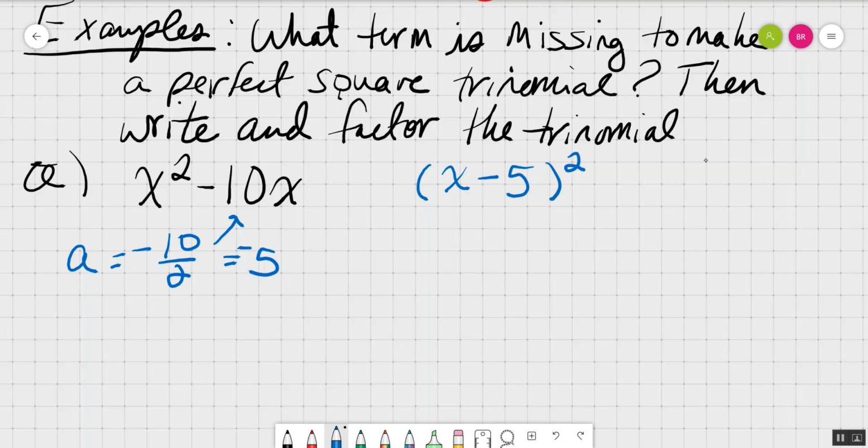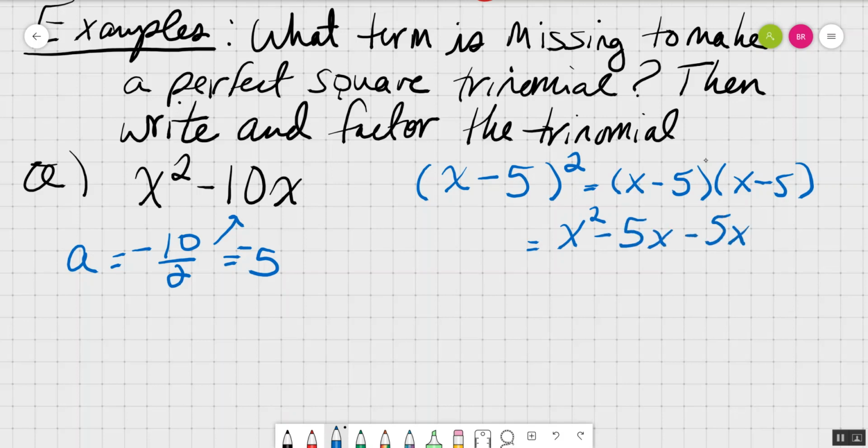Let's multiply it out and make sure that it works. In case you weren't convinced, we'll write it out this way. X minus 5 times x minus 5. If I multiply this out using FOIL, I'll get x times x is x squared. X times negative 5 is negative 5x. Negative 5 times x gives me negative 5x. And then negative 5 times negative 5 is positive 25.